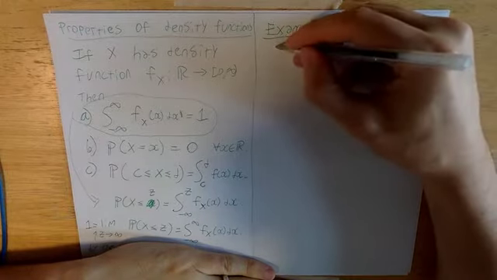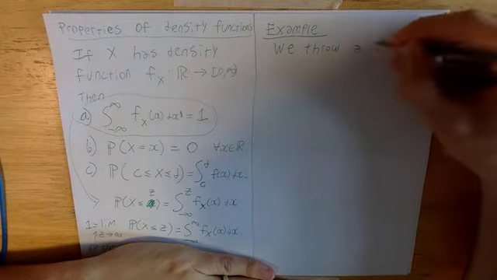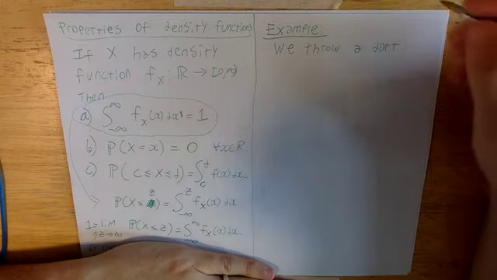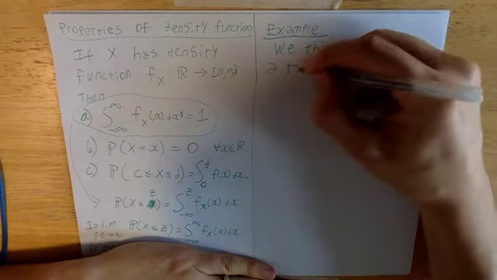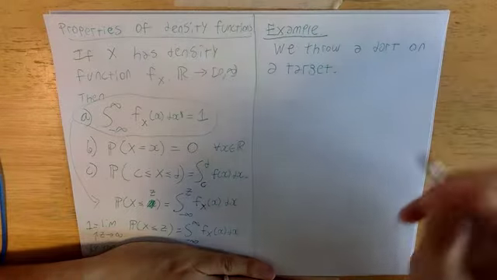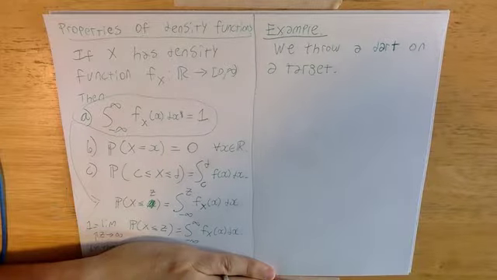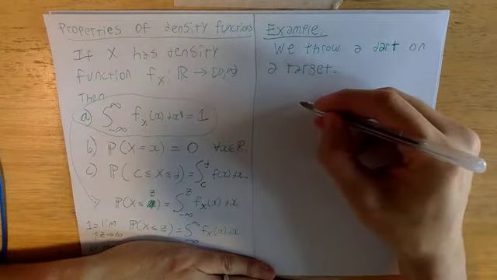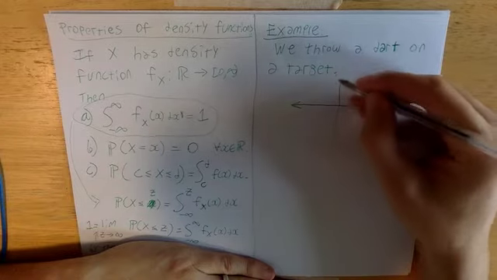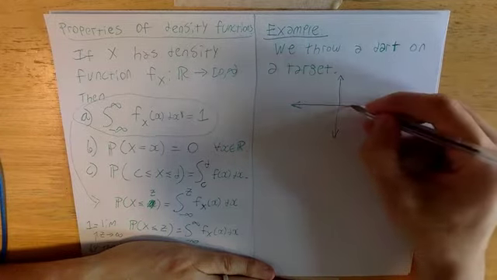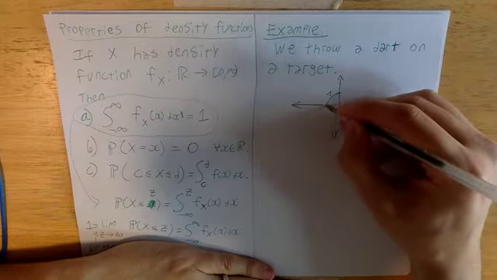So we throw a dart on a target. Here we have the unit circle.